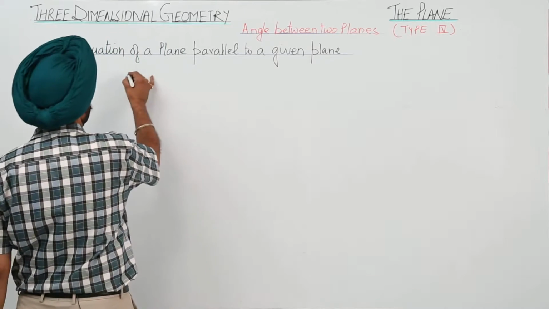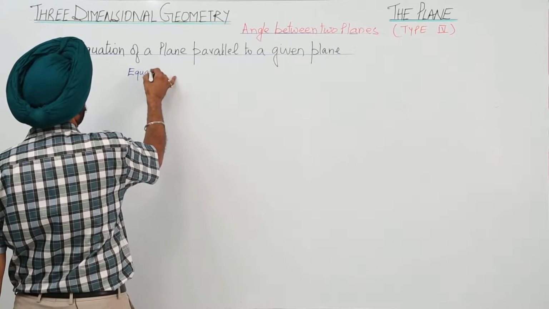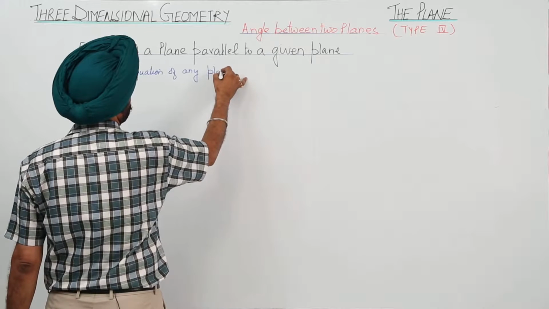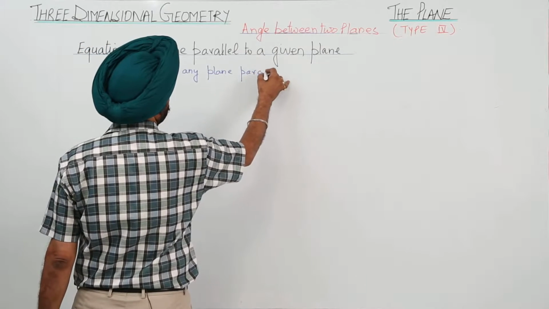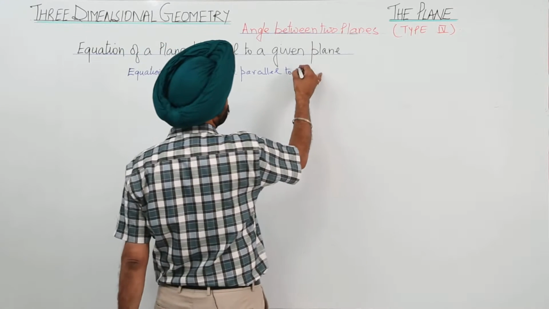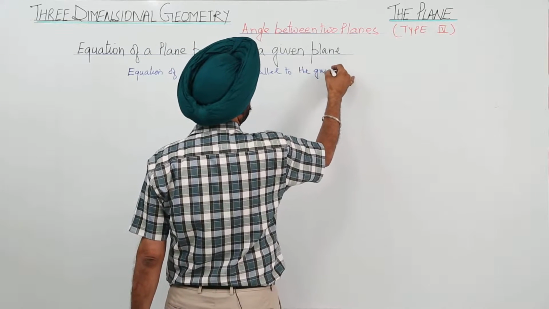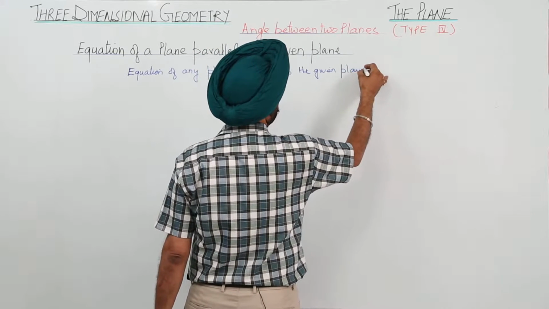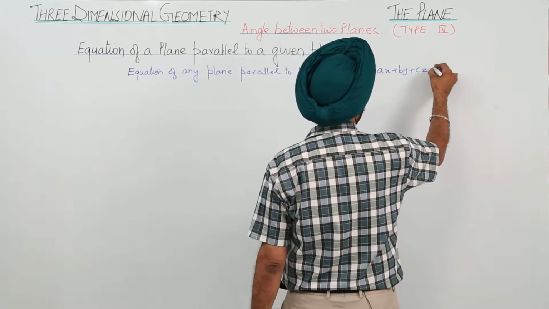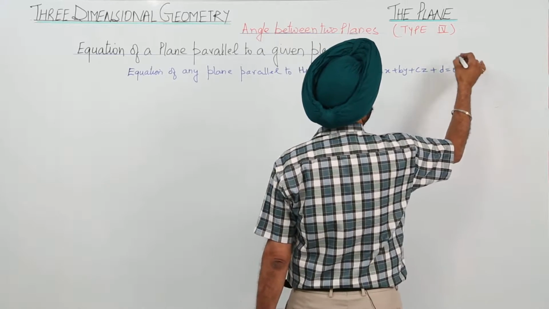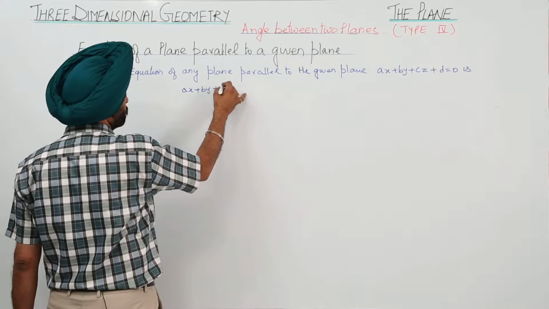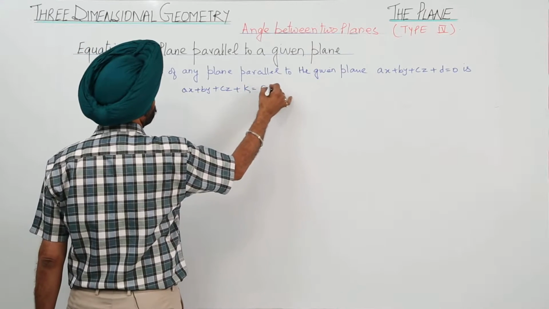The equation of any plane parallel to the given plane ax plus by plus cz plus d is equal to 0 is ax plus by plus cz plus k is equal to 0.